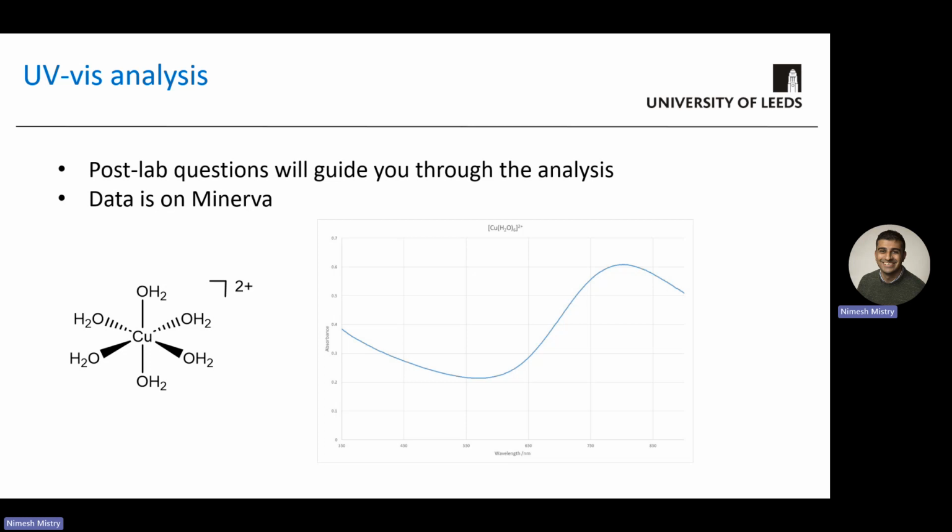Across various different wavelengths, you'll see where you'll have your lambda max, where you get the maximum UV absorption for each of the copper complexes, and from that you'll be able to calculate the lambda max values that you have, and therefore see how it changes for the different complexes.